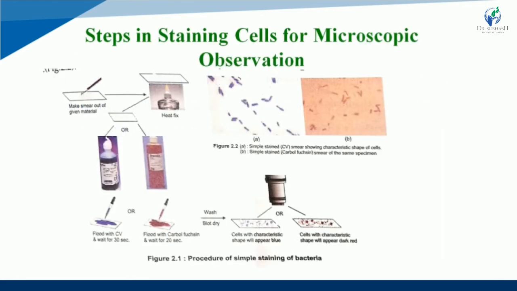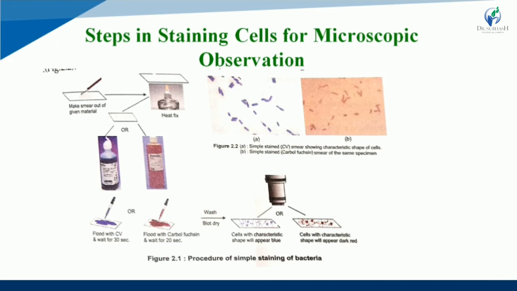Steps that are involved in staining cells for microscopic observation. That is the schematic diagram of the steps involved in staining cells for microscopic observation. First one is make the smear out of the given sample or given culture.